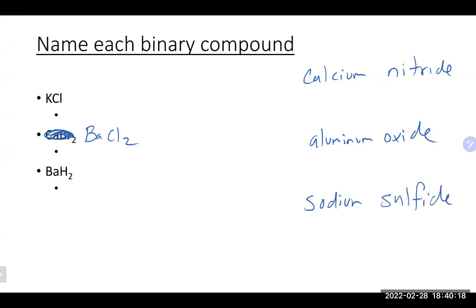All right, so let's go names on these, correct formulas on those. Take a couple minutes, see what you come up with.